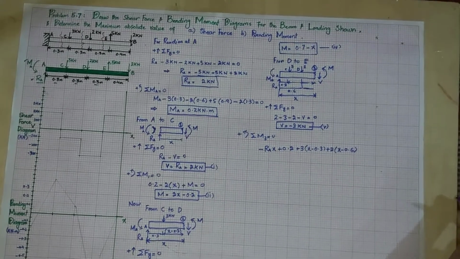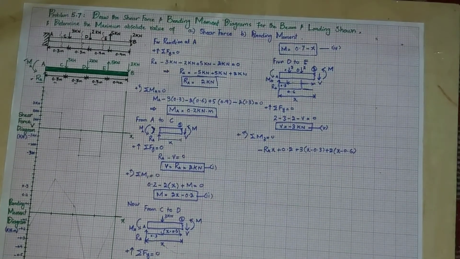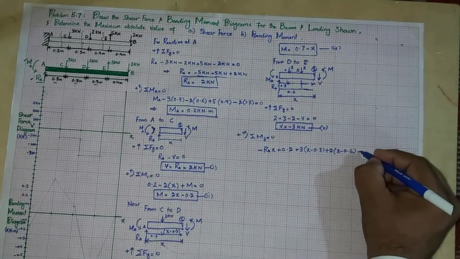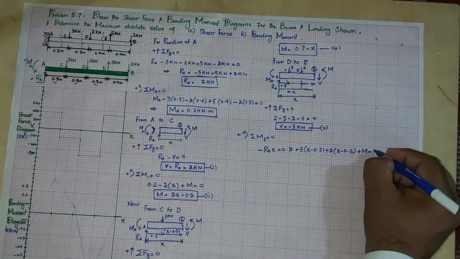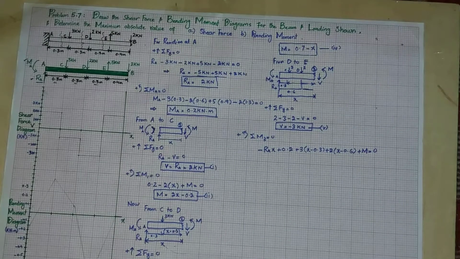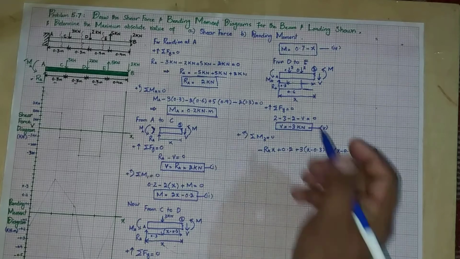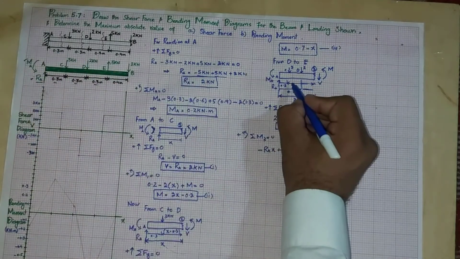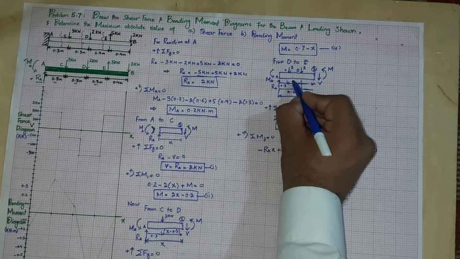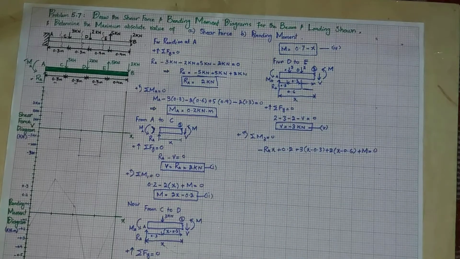Now again there is a moment at this point, and that is equal to 0. This was 0.3, and from this to this was also 0.3. Let me check it again.